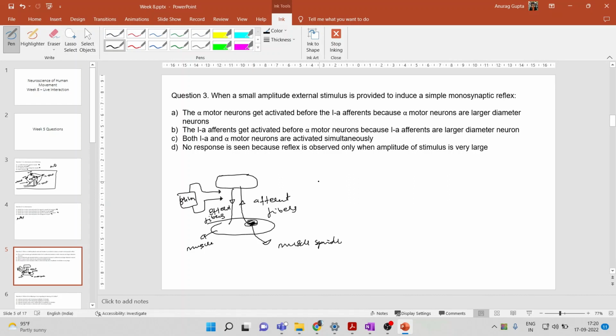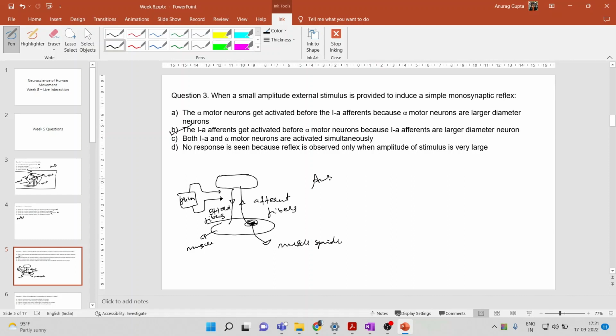So if we keep increasing the amplitude more and more, then more and more afferent 1A fibers will get activated, and then eventually even the alpha motor neurons or the efferent fibers start getting activated to threshold. So the answer is the 1A afferents get activated before alpha motor neurons because 1A afferents have a larger diameter.